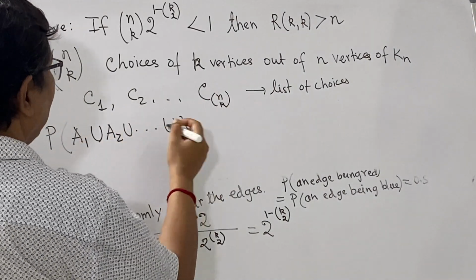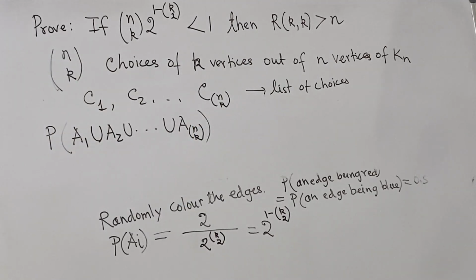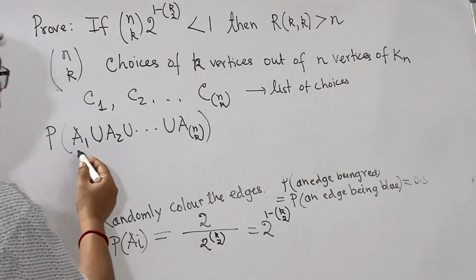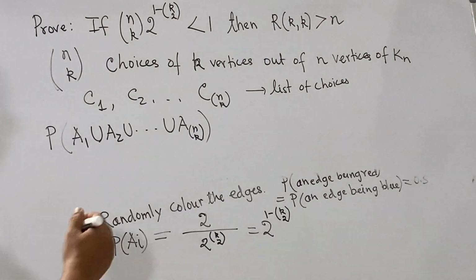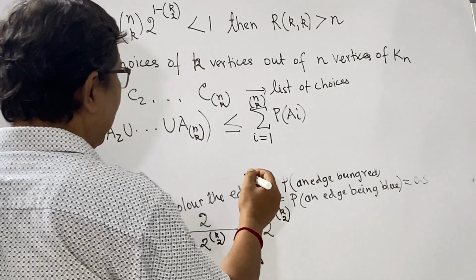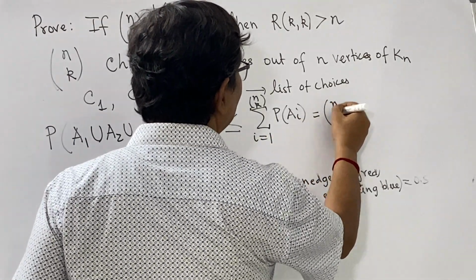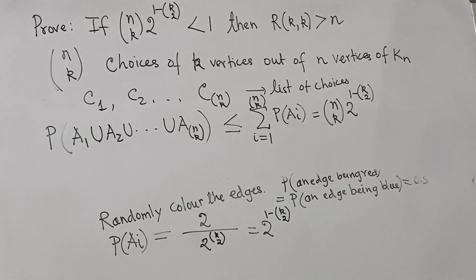So since there are nCk choices, we are looking at the probability of having at least one complete monochromatic subgraph, and that is the probability of the event A1 union A2 union up to A_nCk. Now that is less than or equal to, by Boole's inequality, the summation of i equals 1 to nCk of the probability of Ai, and the probability of Ai does not depend on i, so this is nothing but nCk times 2 to the power 1 minus kC2.